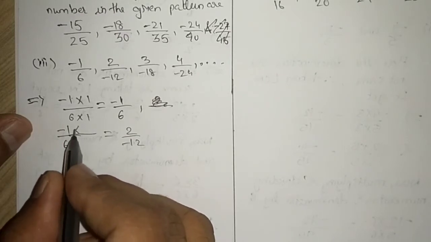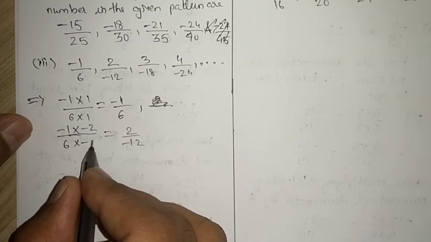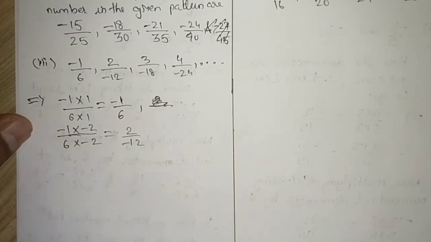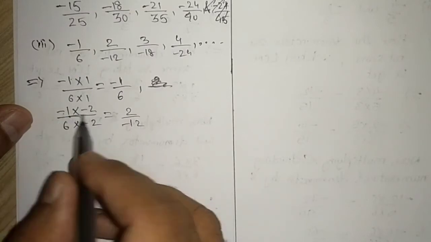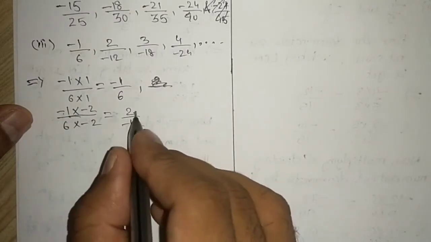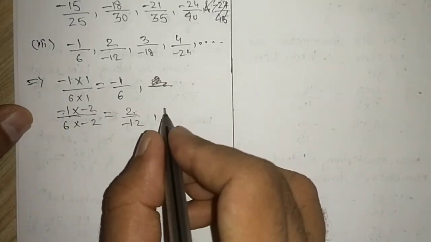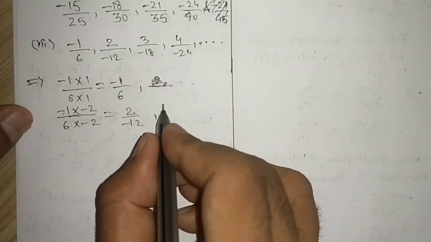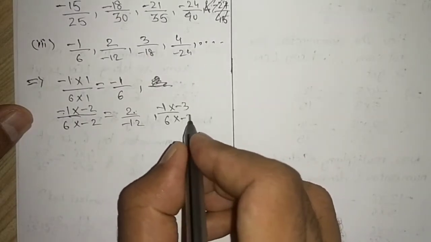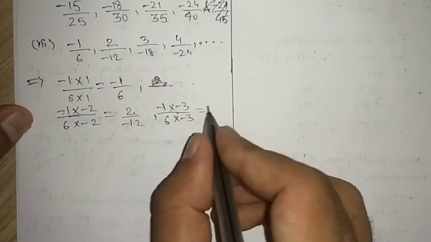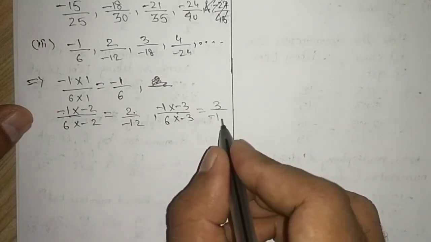So here what I will do, I will multiply numerator by minus 2 and in the denominator also I will multiply it by minus 2. So I will get minus into minus plus, 2 1s are 2 and 6 2s are 12 minus. Similarly here, if I multiply the numerator by minus 3 and denominator also by minus 3, I will get plus 3 in the numerator and denominator minus 18.